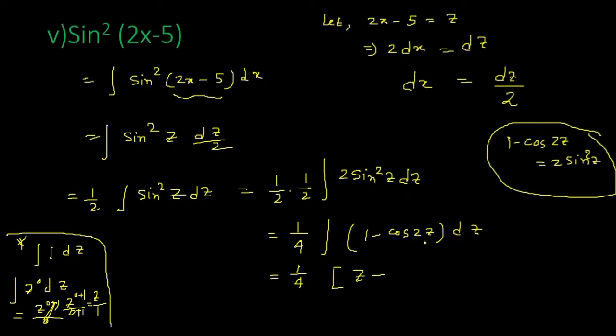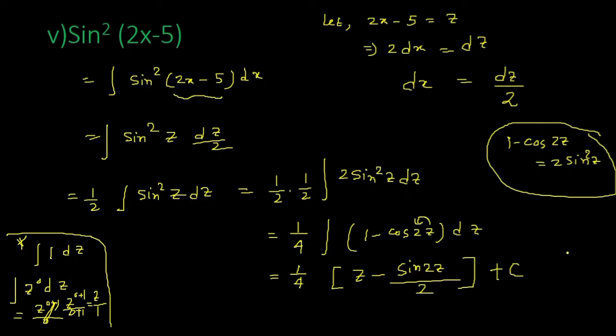Now what will be the integration of cos? The integration of cos 2z is sine 2z, and the coefficient of z will be the denominator here.